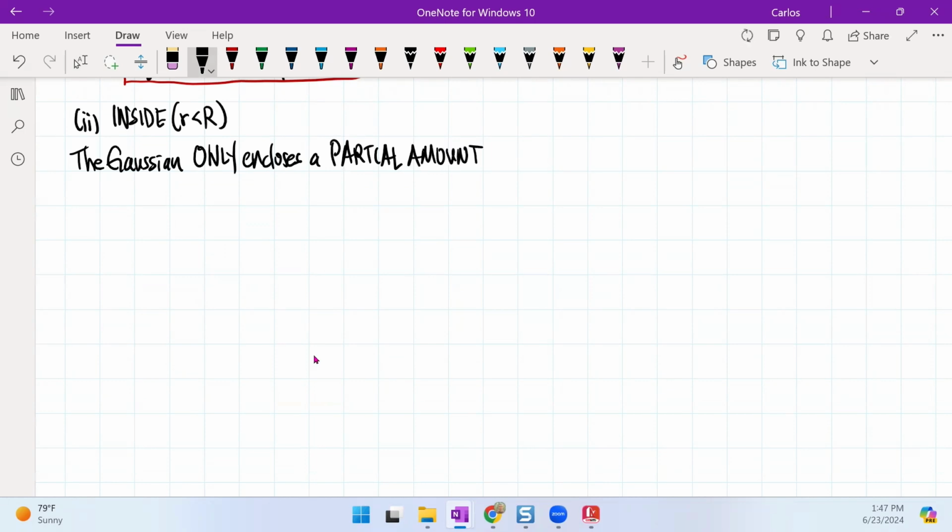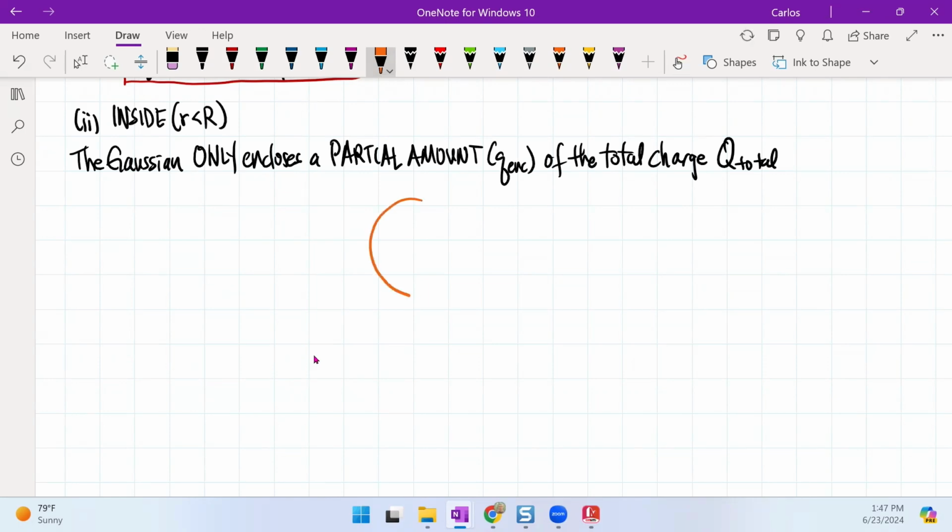And that partial amount we call Q enclosed, a partial amount of the total charge, Q total. So if I draw my Gaussian, I'm inside. So now I'm looking here. Remember, this is a shell here. And so now I have a charge distribution.